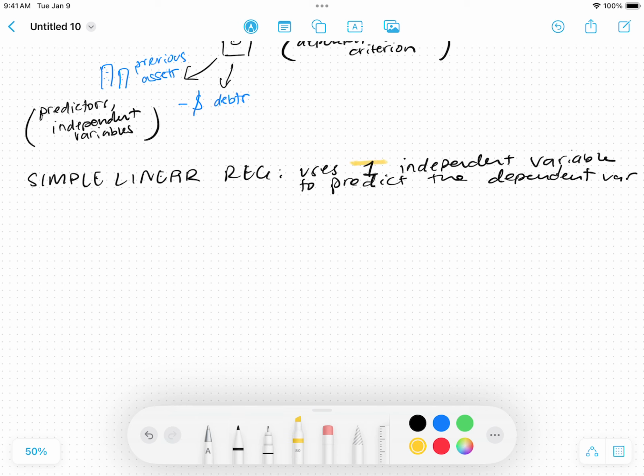The key here is the 1. For instance, let's show how it can be represented visually.